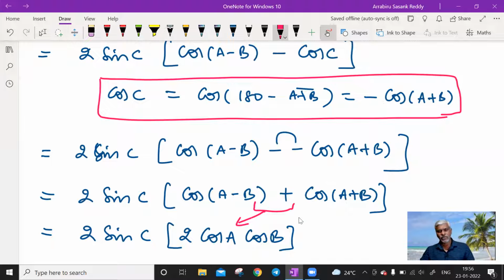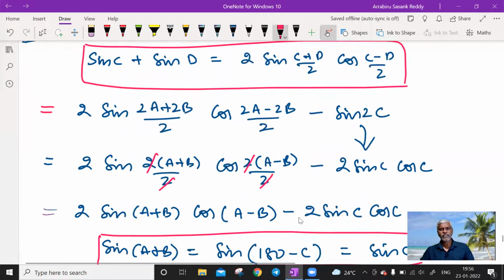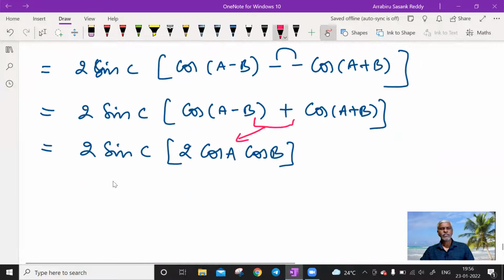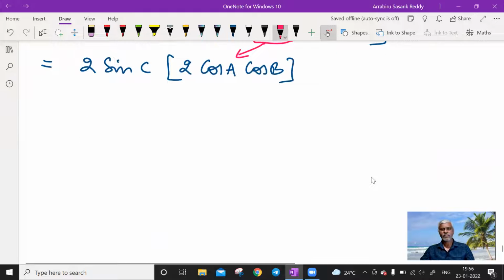If you don't know, you can check with the right-side answer 4 cos A cos B sin C. 2 sin C is already there, so inside the bracket it should be 2 cos A cos B. But you should remember all the formulae, then it will be easy for you.